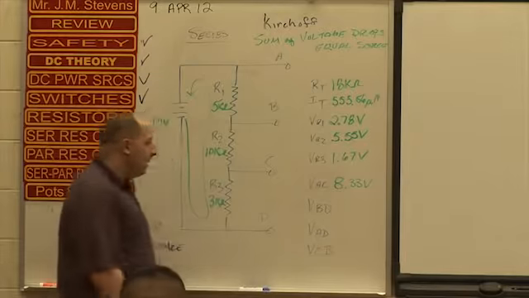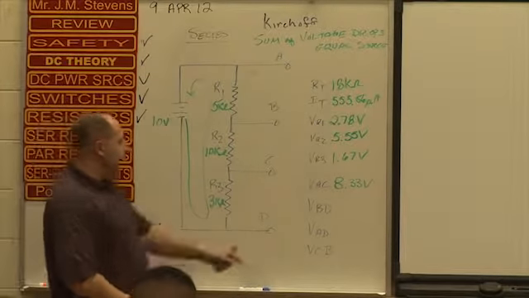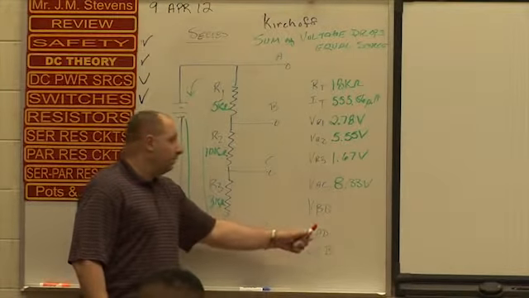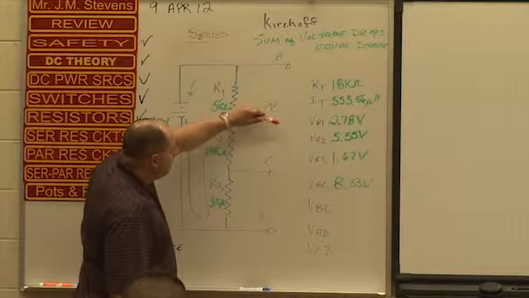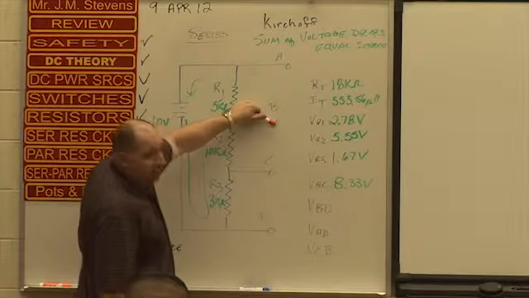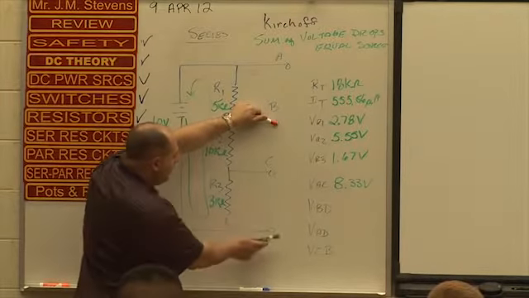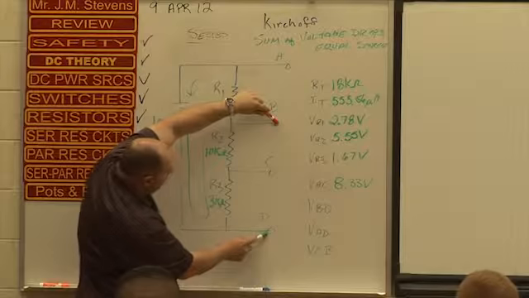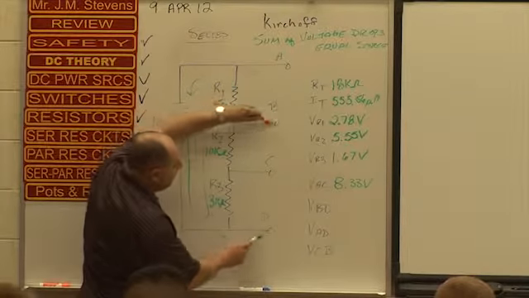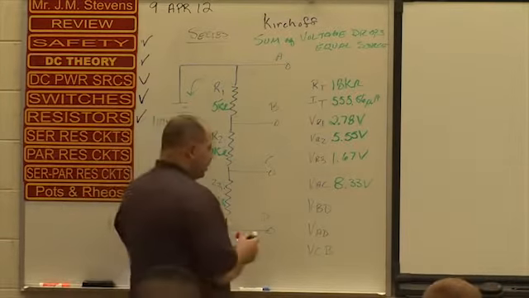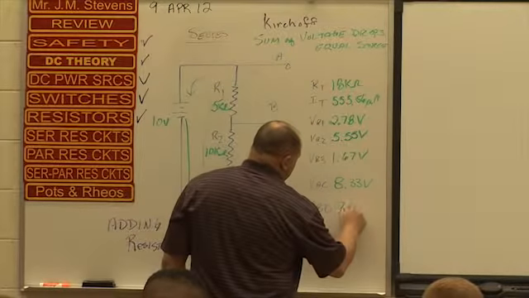All right. How about the voltage drop from point B to D? Red lead first subscript. D down here, isn't that VR2 and VR3? Across both components. What's the answer? 7.23 volts.